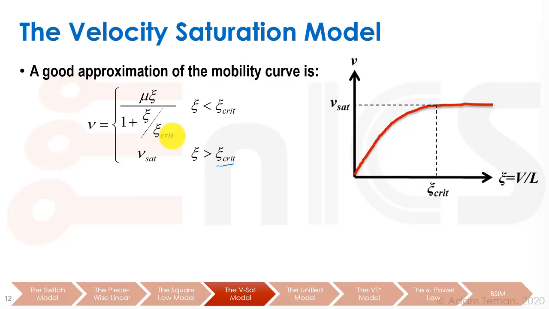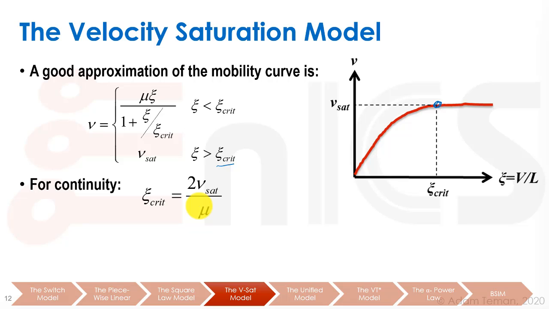At this point we have to have continuity, so we need a continuous model. It needs to be equal to VSAT, and that brings us to the equality that the critical field is 2 VSAT over mu, the mobility.